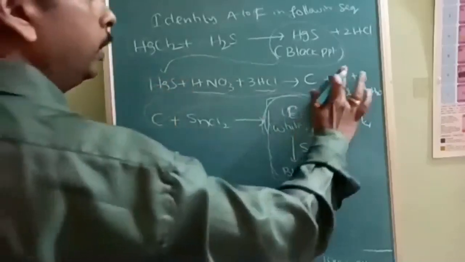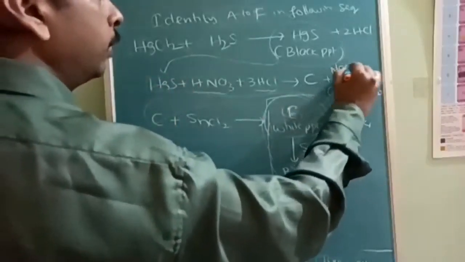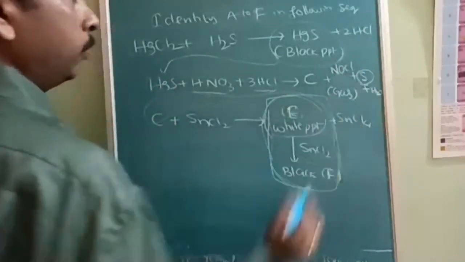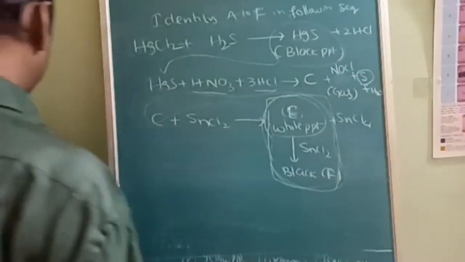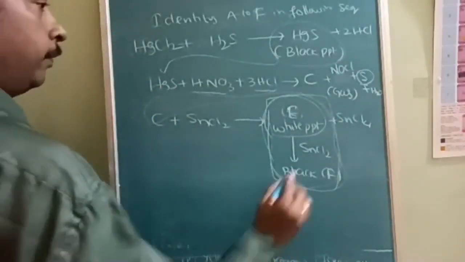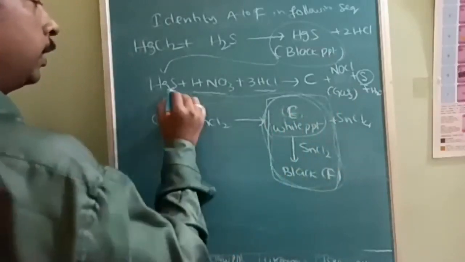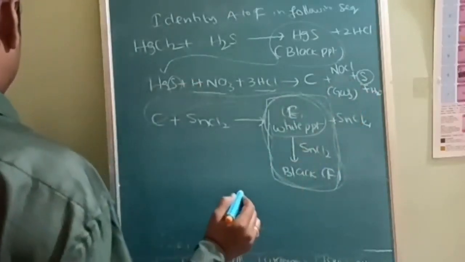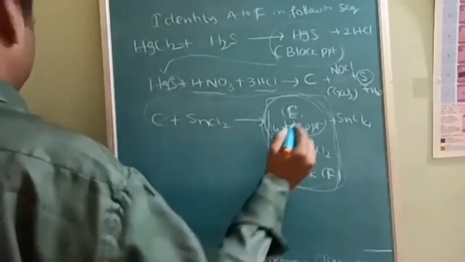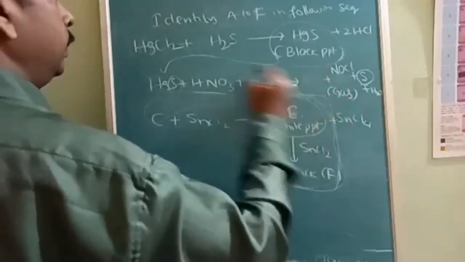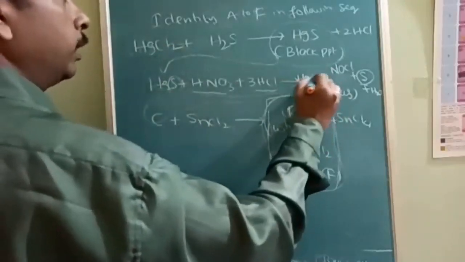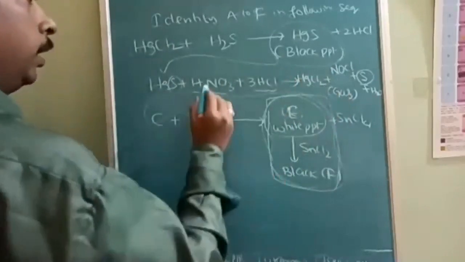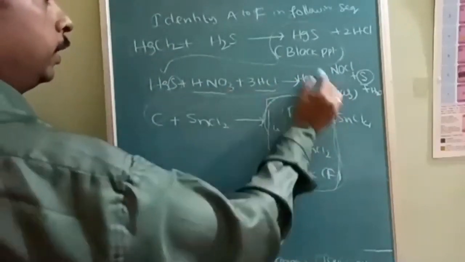Now here D is nitrosyl chloride and sulfur, which I told you is colloidal sulfur. Now this is again HgCl2, the same we are going to get, HgCl2, from nitric acid treated with HgCl2.